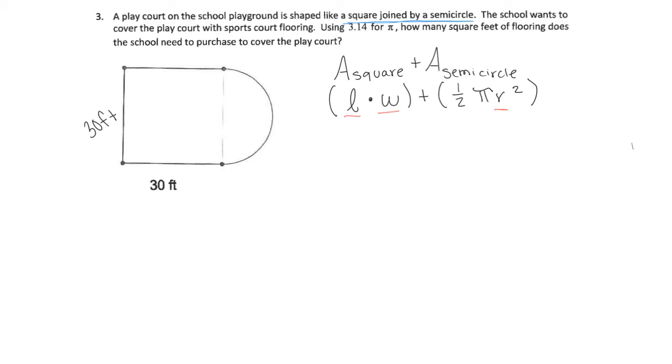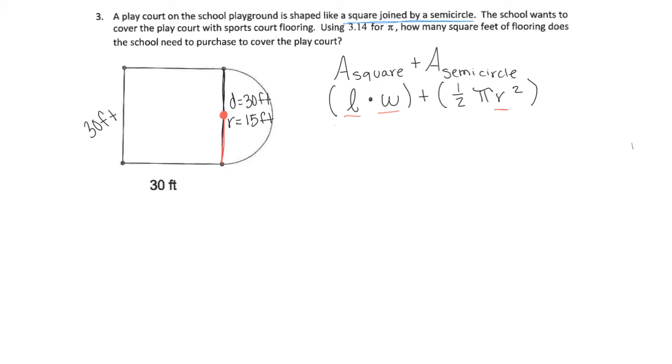Because I know that my width is 30 feet, that means that the diameter of this semicircle right here is going to equal 30 feet. So now I know that my diameter equals 30 feet. And if my diameter equals 30 feet, then what is my radius going to be? And I'm going to make our radius stand out a little bit. Well, radius is half of a diameter, so our radius is going to be 15 feet.